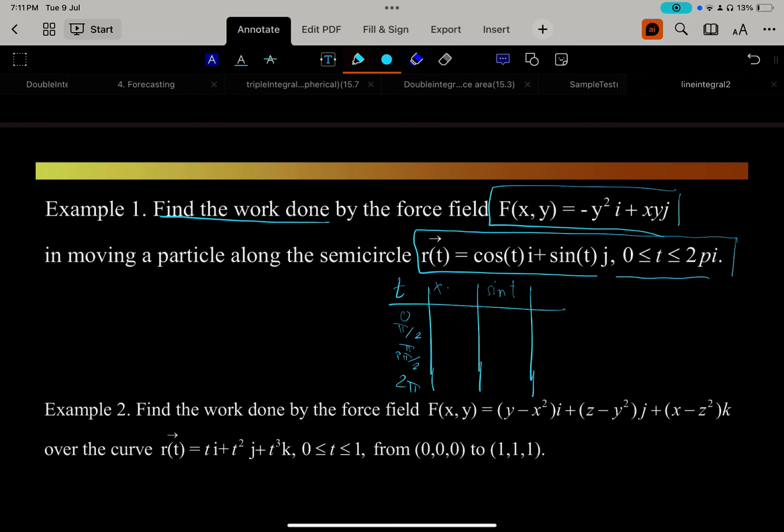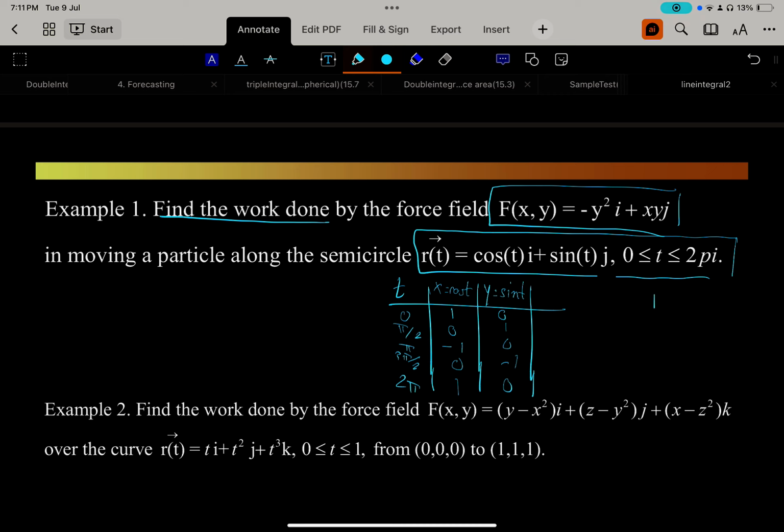So x equals cosine of t, and y equals sine of t. And now we just get our, well, that's easy, I don't even need a calculator. So 1, 0; pi over 2 is 0, 1; pi is negative 1, 0; and 3 pi over 2 is 0, negative 1; and here is just 1, 0.